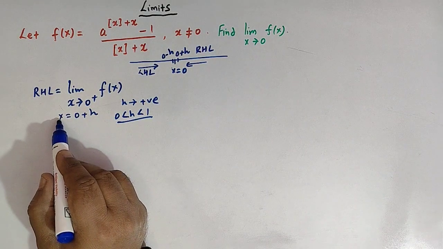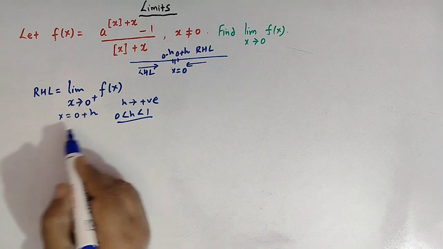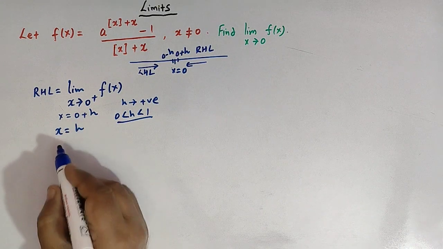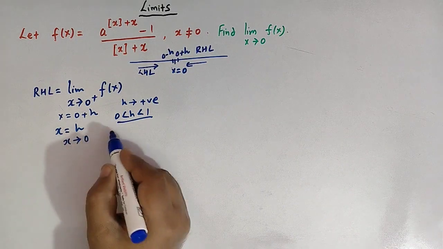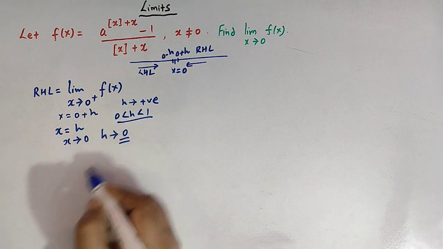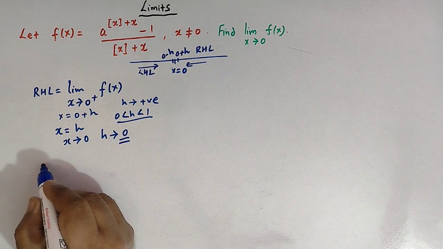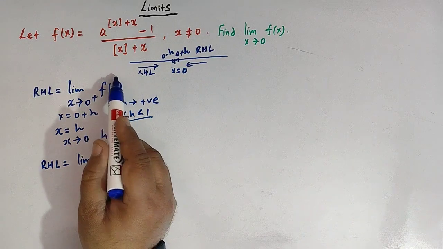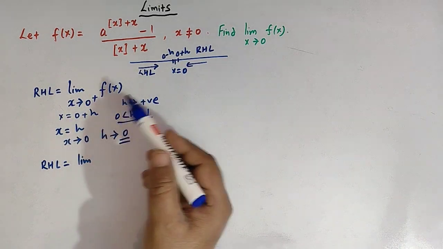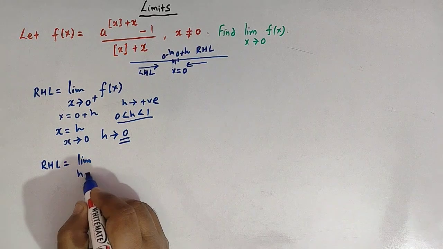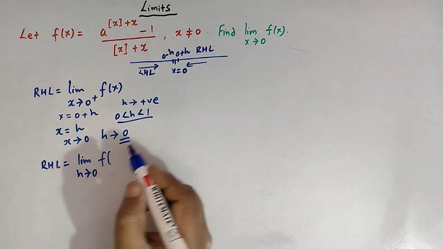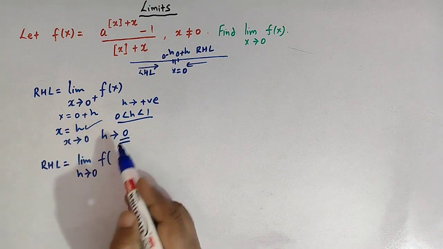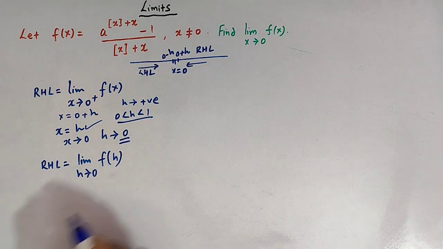So x = h, and when x tends to 0, obviously h tends to 0. Now we can write this expression in terms of h: the limit as h tends to 0 of f(h).